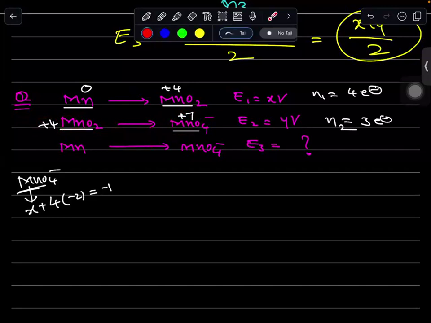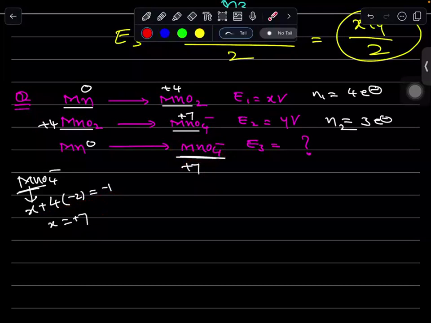In the overall reaction, manganese oxidation state? 0. In MnO4 minus, manganese oxidation state? It is +7, not -1, my dear. The -1 is the entire sum: manganese plus oxygen sum is equal to -1. Look here, and the X value comes as +7.